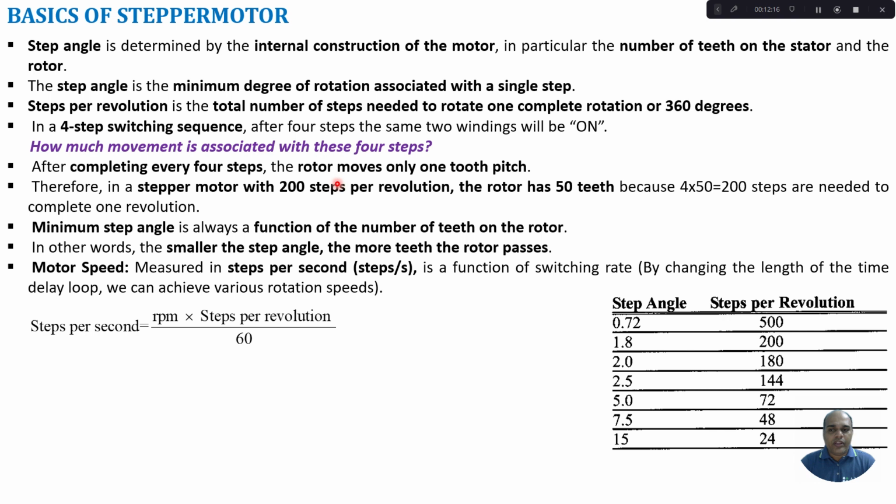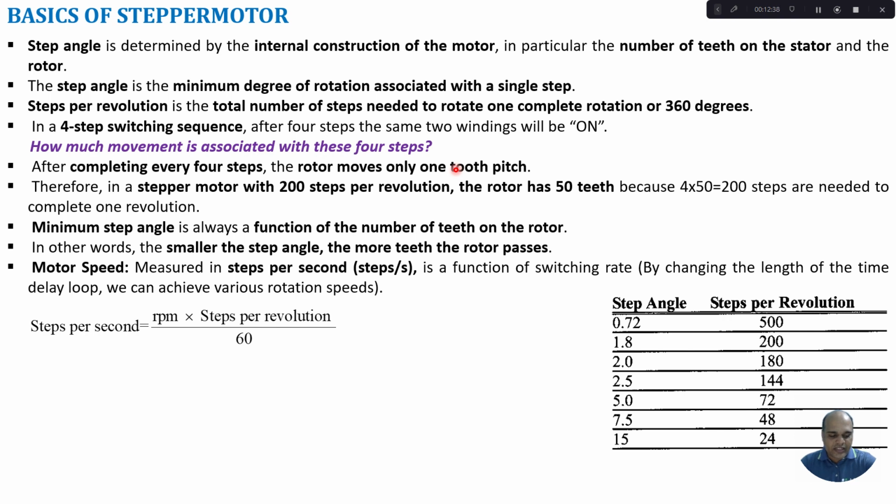So essentially, if I excite the stator windings in a 4-step sequence, how much movement is associated with it? Only one rotor tooth pitch will be moved when I complete a full sequence of 4 steps.